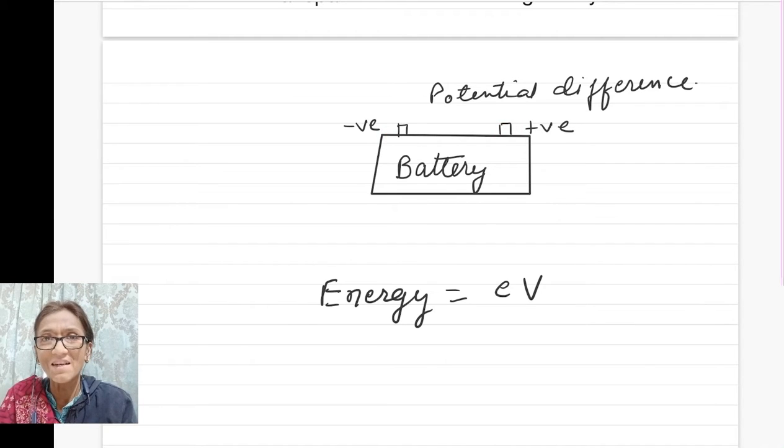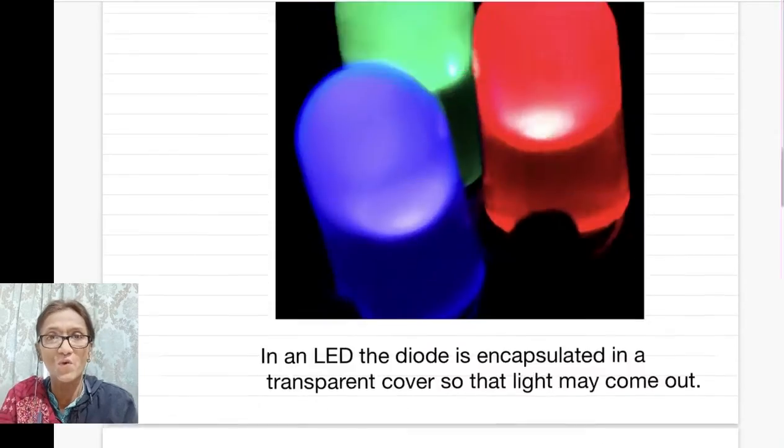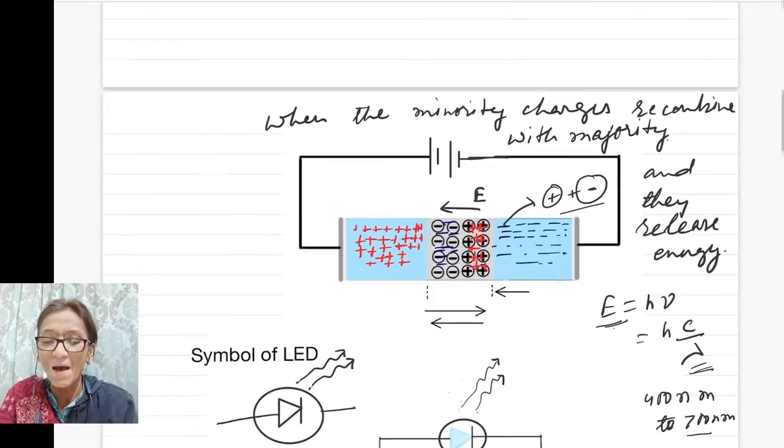A potential difference is created between the 2 terminals, and when you connect, due to the electric field from the positive side to the negative side, charges transfer. Electrons transfer opposite to the electric field, and protons, though they are not transferring, if they were to transfer, conventionally they transfer from positive to negative. So the same happens here.